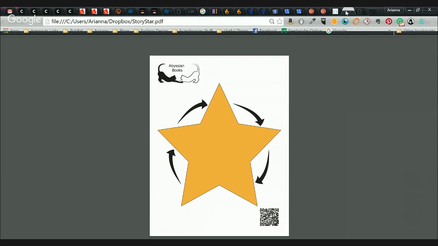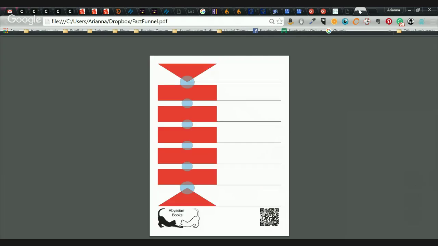That's why in the story star, I don't have an arrow connecting the bottom 2 points, because the bottom point of this story star doesn't lead to the beginning of this story star. The bottom point of this story star leads to the beginning point of a new story star. So for The Lord of the Rings, you have Frodo at the end.